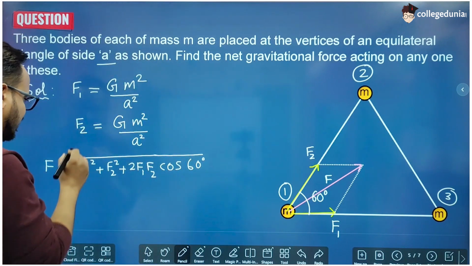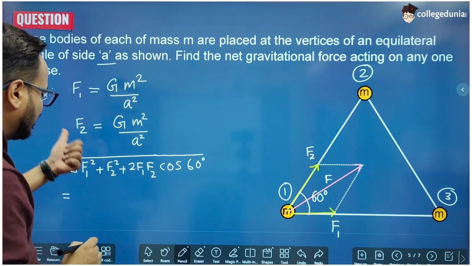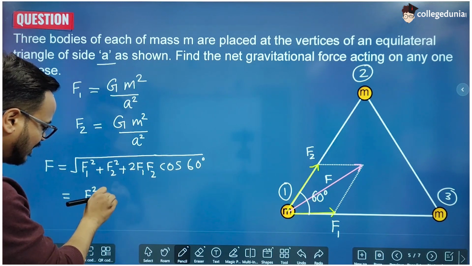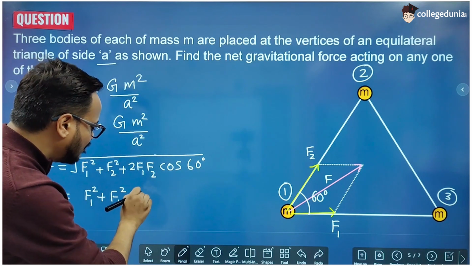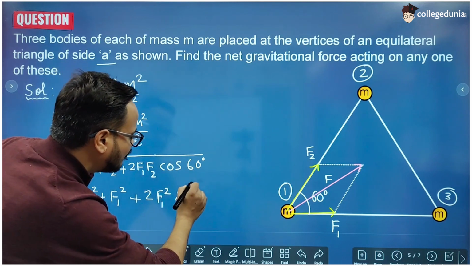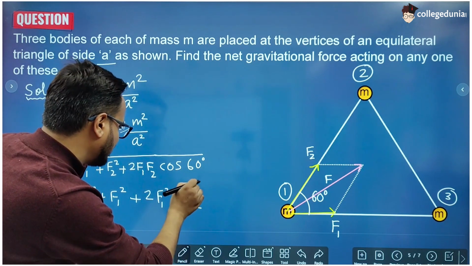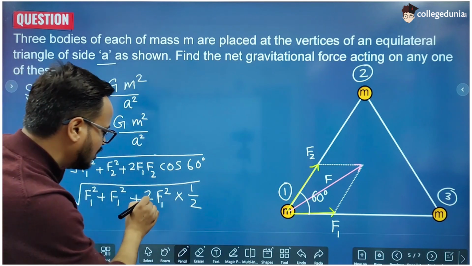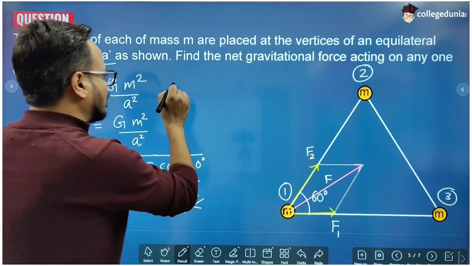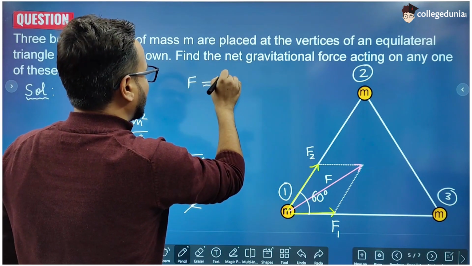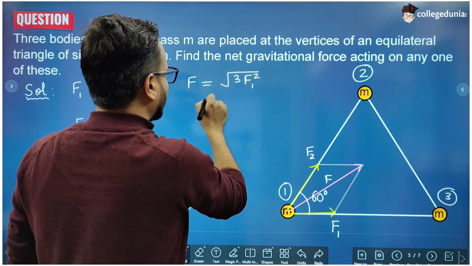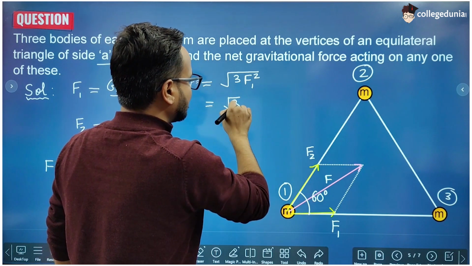And since the magnitudes of F1 and F2 are equal, let's call F2 as F1. So this is F1 square plus F1 square plus 2 F1 into F1, it is again F1 square, into cos 60, which is 1 by 2. So let's cancel 2 with 2: F1 square plus F1 square plus F1 square. So F is under root 3 times F1 square, which is under root 3 F1.